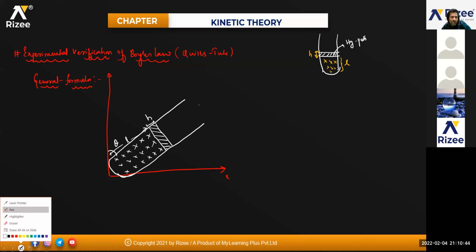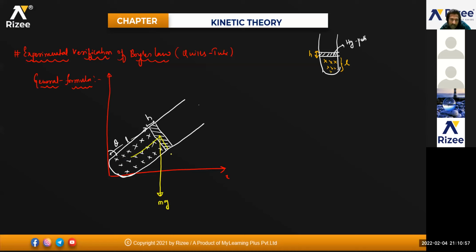Now tell me what forces are acting on this. The weight of this pellet, mg, acts in the downward direction. If I resolve this mg into components, if this is theta, by alternate angles this will also be theta. So this is mg cos theta, and this side it will be mg sin theta.